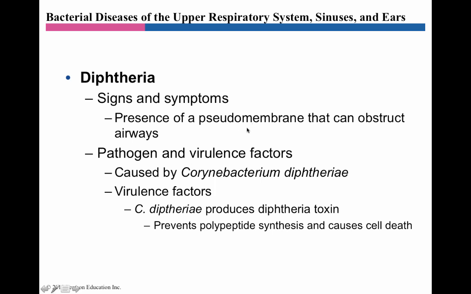Diphtheria in Greek means leather, and this pseudomembrane takes on a very tough, leathery consistency, and it adheres so tightly to the tonsils and the uvula and the roof of the mouth and the pharynx and the larynx. It adheres all over the back of the throat region. It's terrible, and it cannot be dislodged.